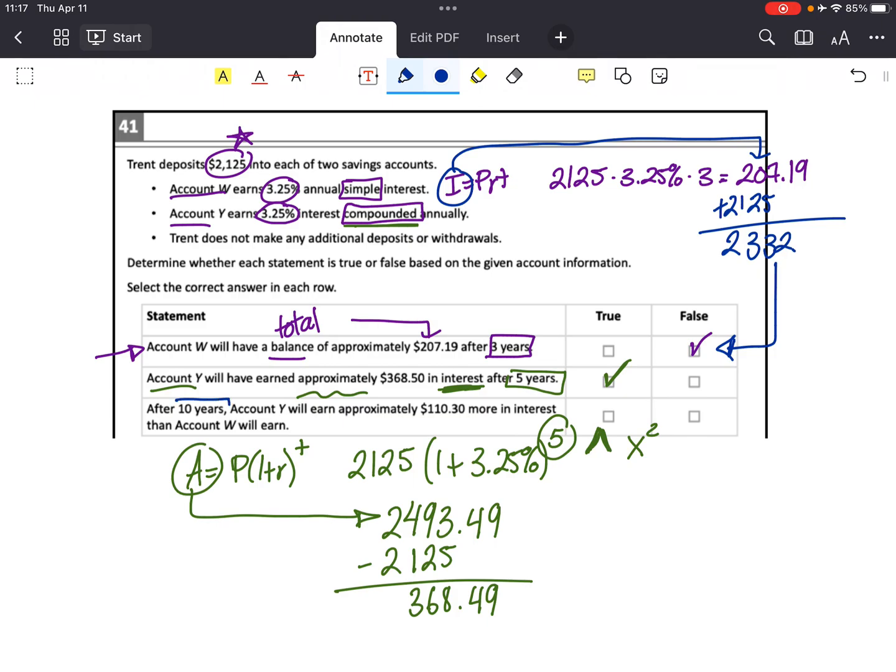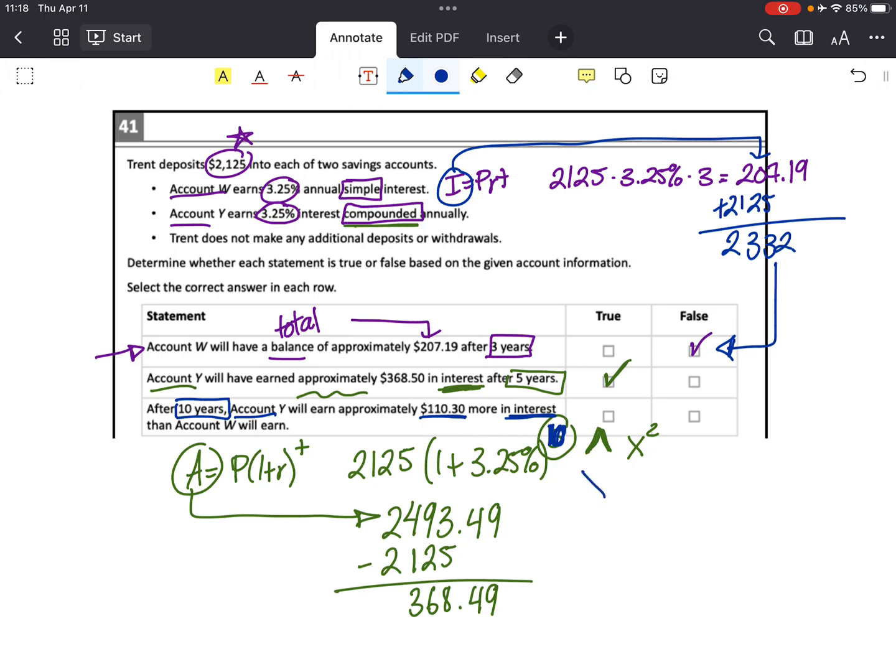And finally, it says after about 10 years, account Y will earn approximately $110.30 more in interest than account W. So the only thing that's changing about the formula that I just did is I'm going to change the time to 10 years. Everything else stays the same, my rate stays the same, my principal stays the same.